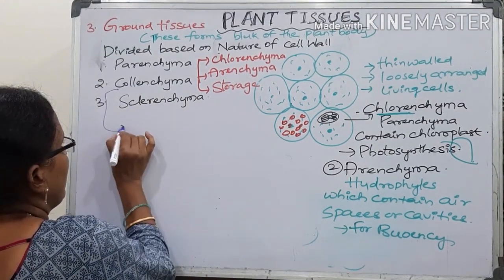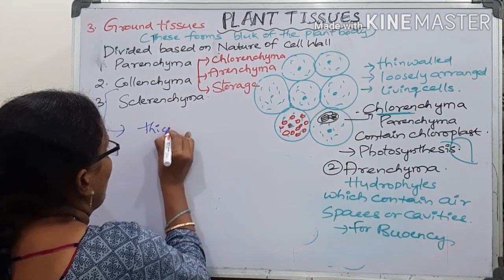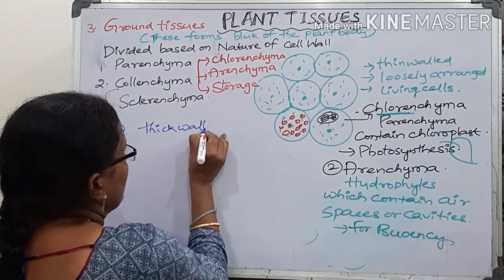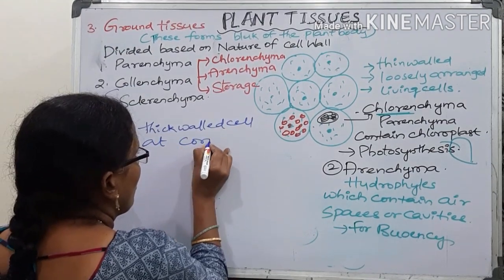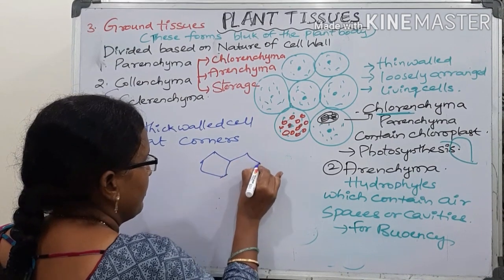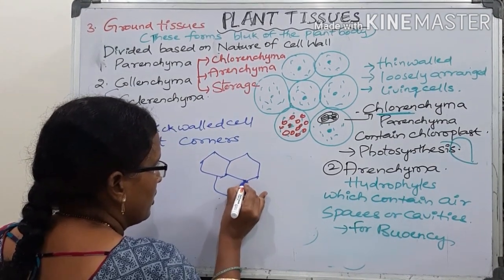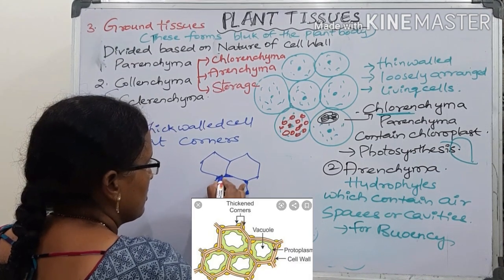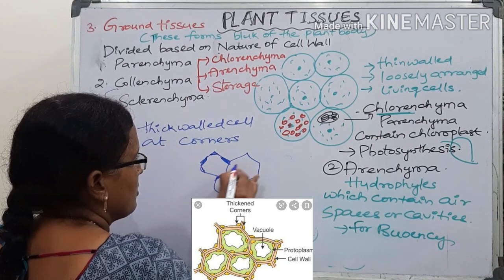This second type of cells are thick walled cells, thick walled at the corners. If their cells are arranged like this, their corners are thick walled like this.